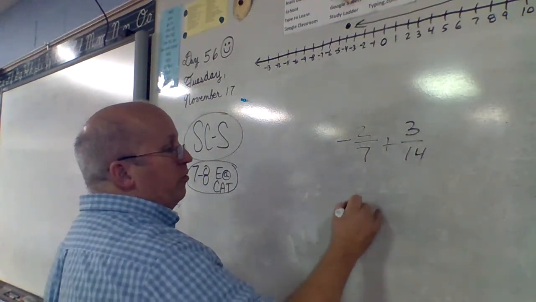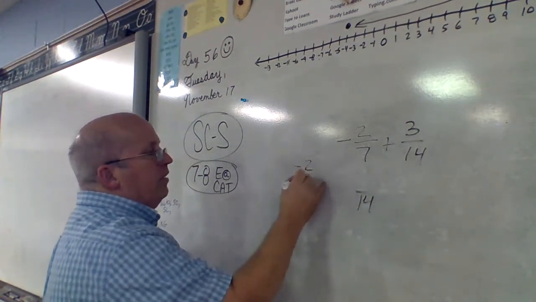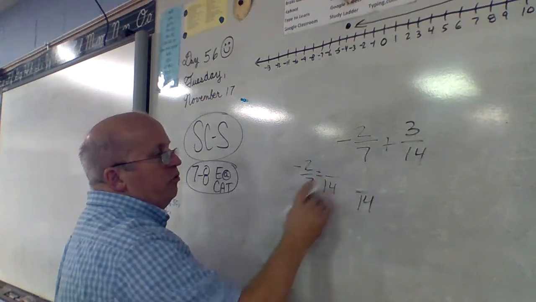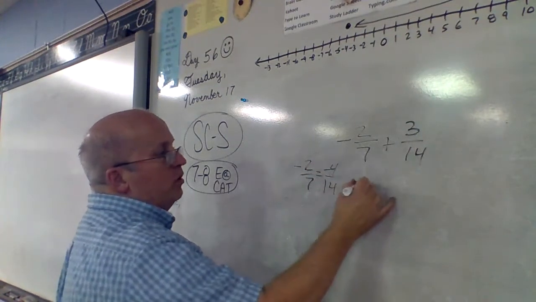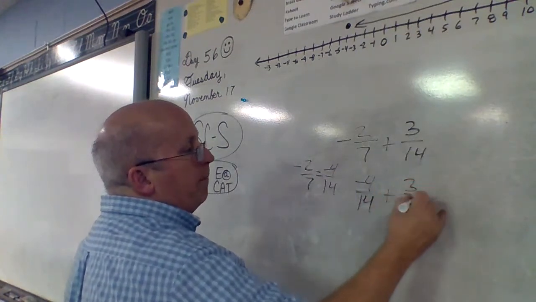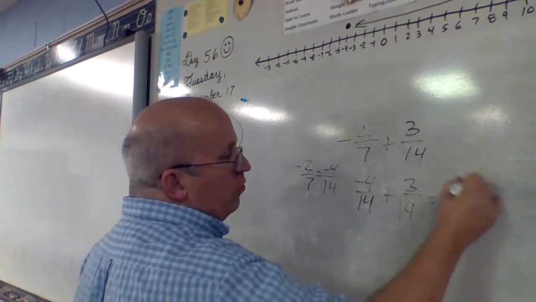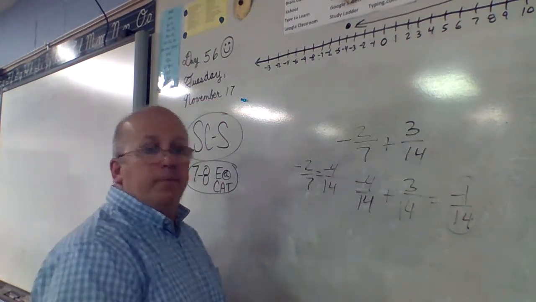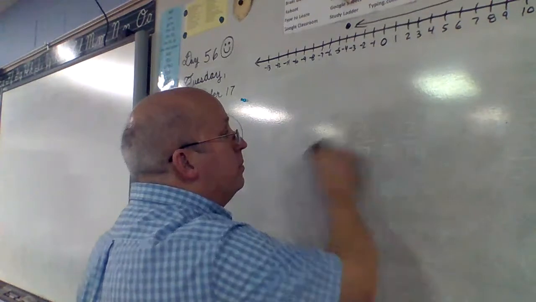Common denominator is 14. How many 14ths is 2/7? That's times 2, so negative 4. So I've got negative 4 plus a positive 3. That'd be negative 1/14. Okay, done there. Negative 1/14.